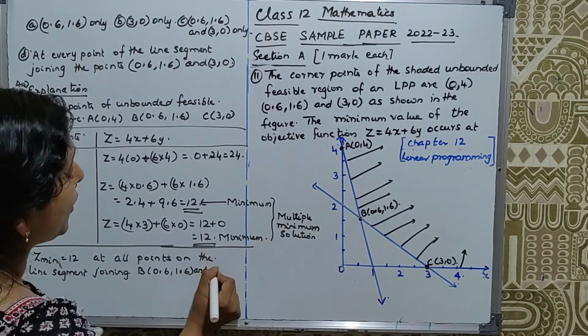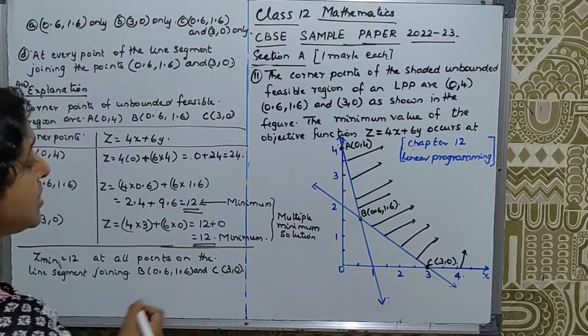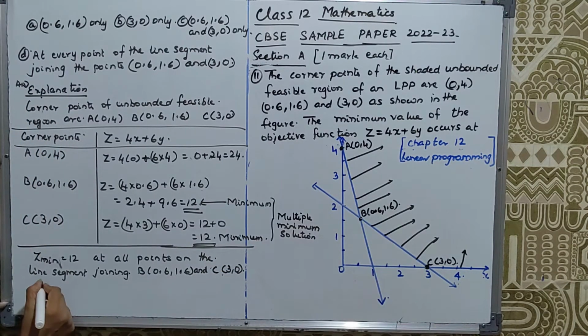But since it is an unbounded region, we want to confirm that what we assumed was correct. So we have to do the verification. So I'll do the verification now.